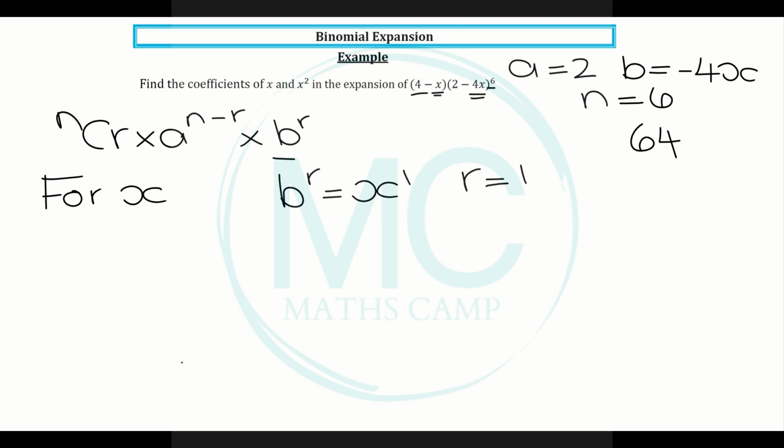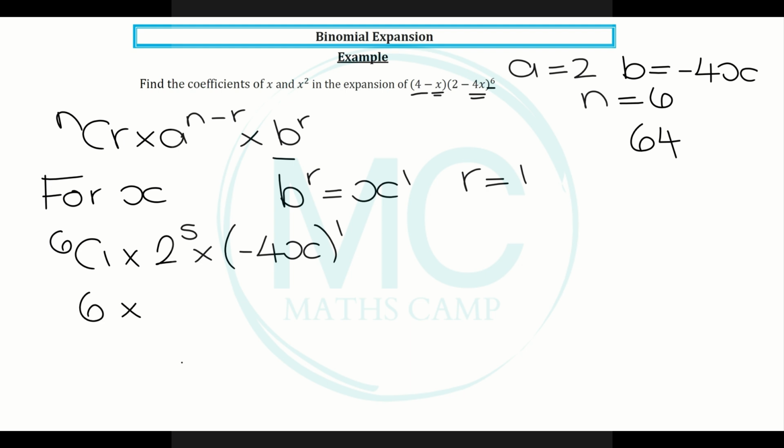So now we have NCR 6c1 multiplied by 2 with an exponent of 6 minus 1, which is 5, multiplied by negative 4x with an exponent of 1. When working with NCR, if you have an r value of 1, NCR is equal to n. So in this case, we have 6 multiplied by 2 with an exponent of 5 is 32, multiplied by negative 4x.